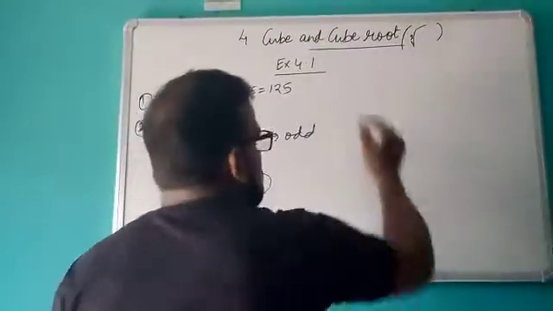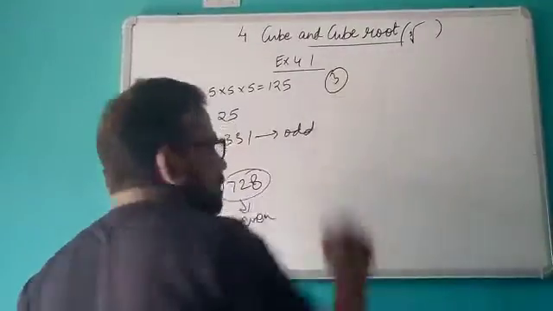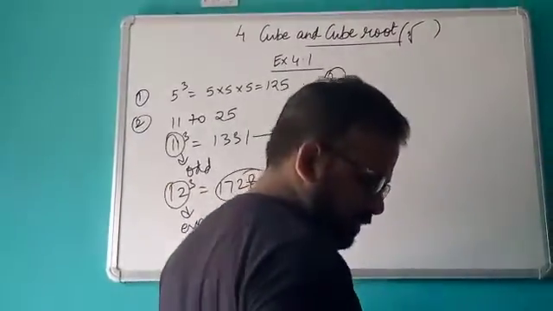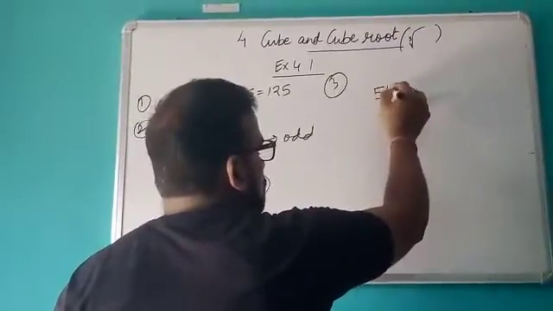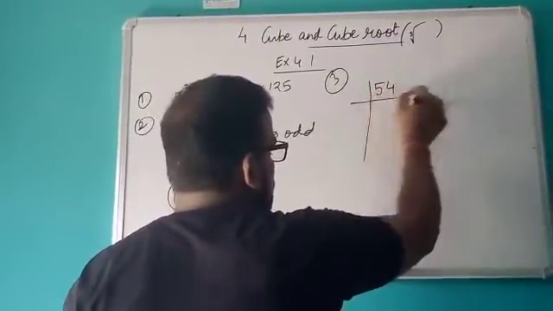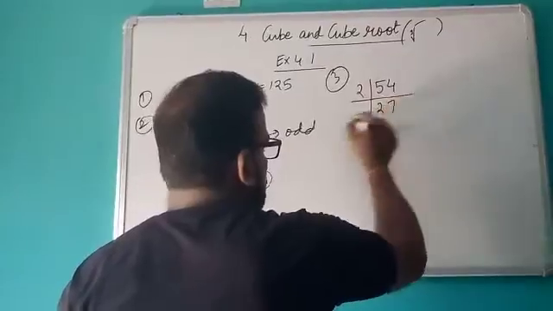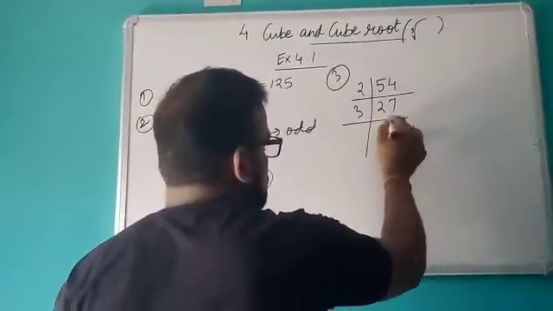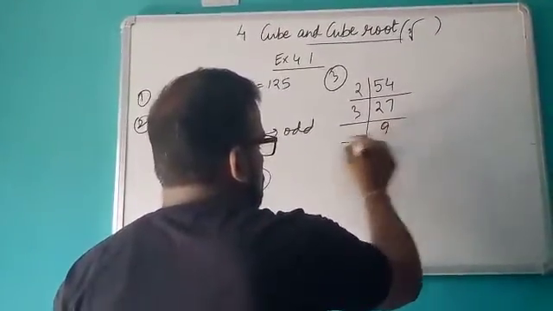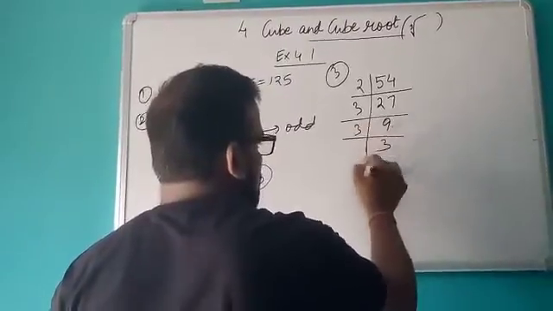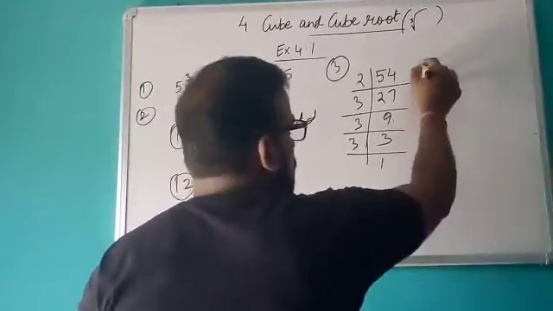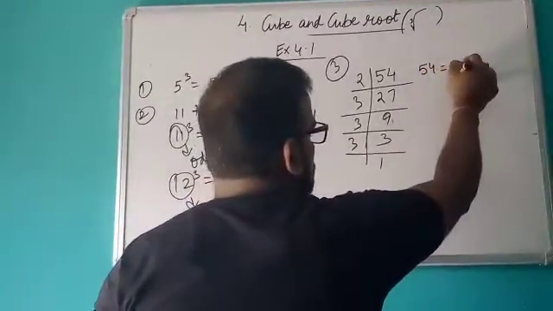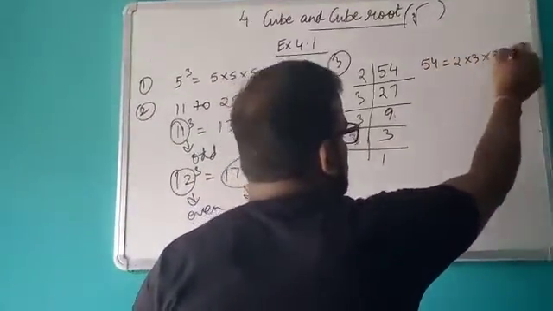Now the next questions are the ones of real interest. Suppose we have to see whether a number is a perfect cube or not. Suppose you take 54 and do its prime factorization. If you see carefully, 54 is 2 into 3 into 3 into 3.